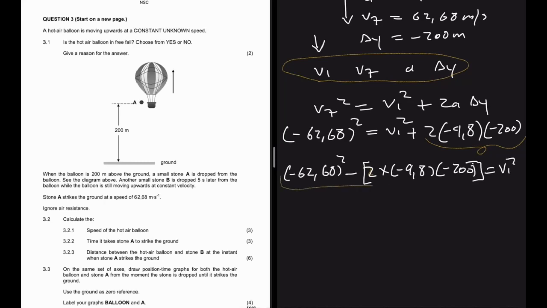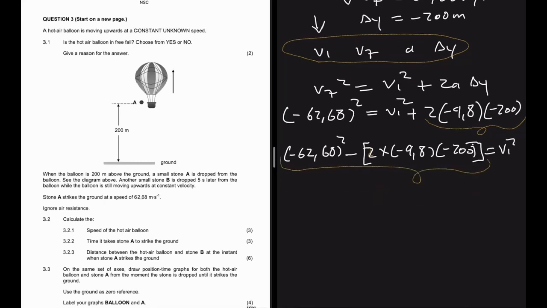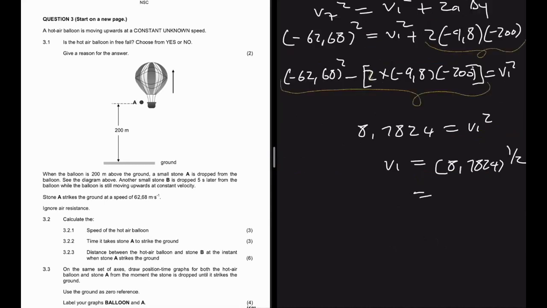So let me put this expression in the calculator and see what I get, which is giving me 8.7824 equals VI squared. So I can take square roots on both sides. I'll get 8.7824 to the power 1 divided by 2, which gives me 2.9635 meters per second.